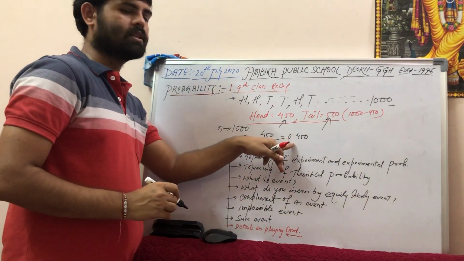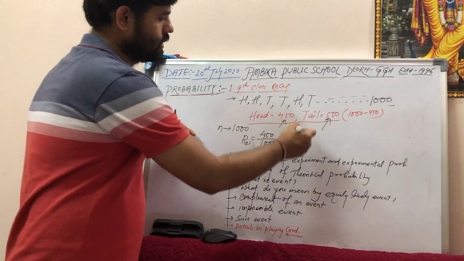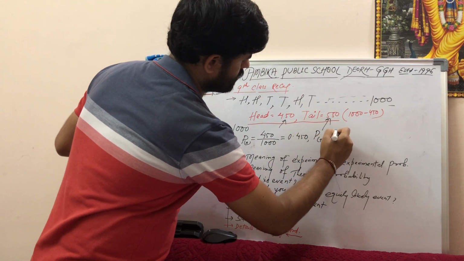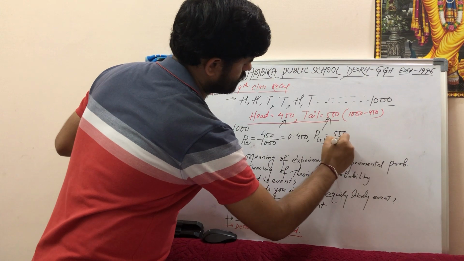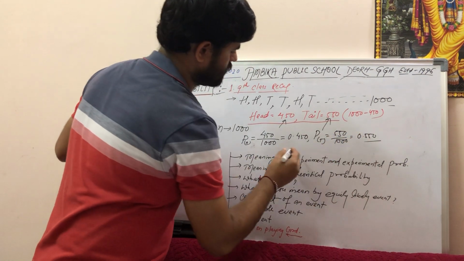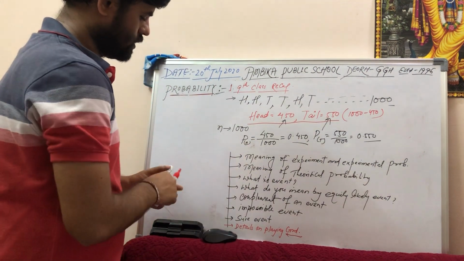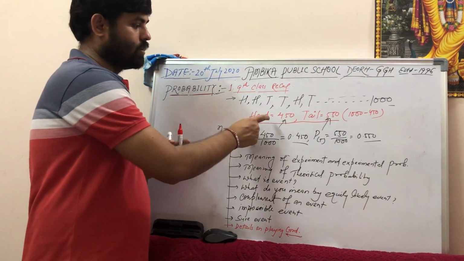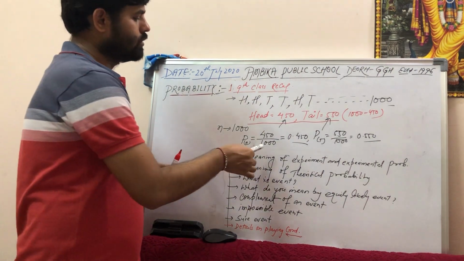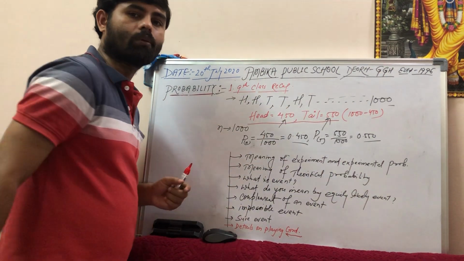Similarly, for the tail, probability of tail equals 550 by 1000, which equals 0.550. Because you know 450 and 550 here, you have easily found the probability.